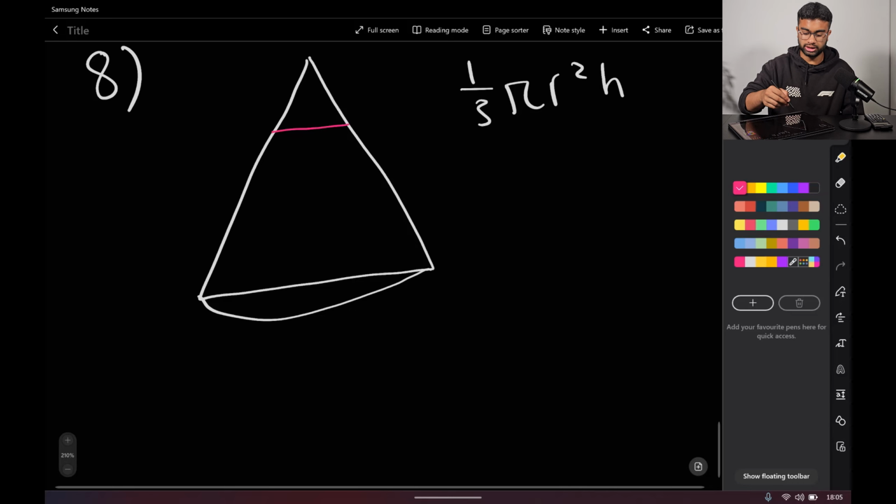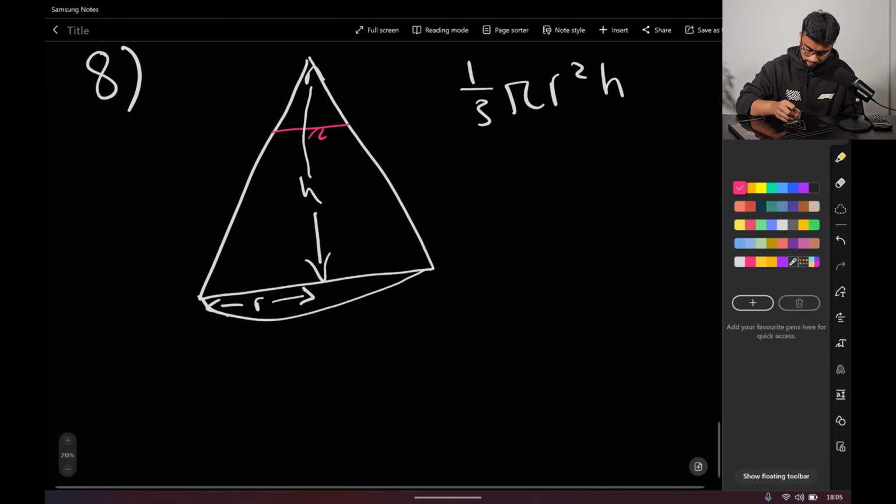So for the big cone, our radius would be given by this distance, and we'd square that, and the height would be this vertical distance.